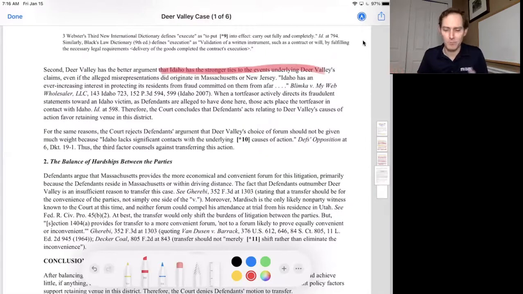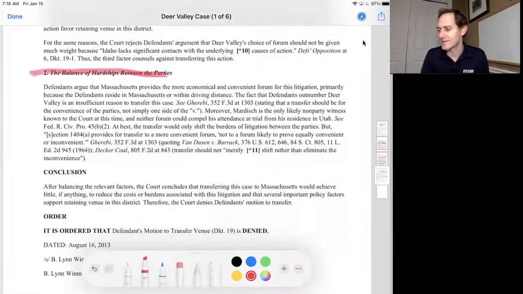So we've got plenty of contacts here in Idaho. As far as this, defendants were saying, well, there's multiple of us parties on the East Coast, so it's easier if you move it over. And Judge Windmill's not having any of that. The fact that the defendants outnumbered Deer Valley is an insufficient reason to transfer the case. So we're going to keep it here.